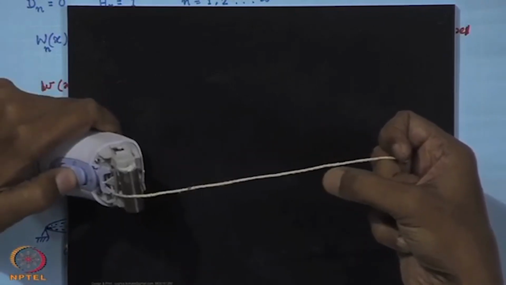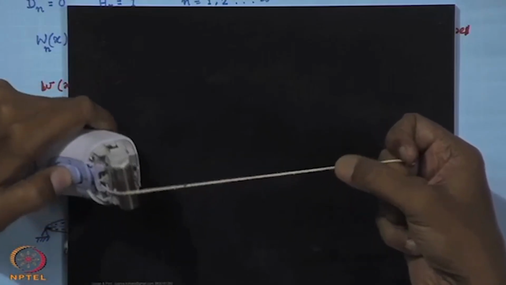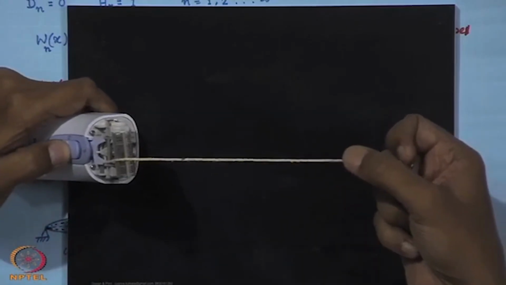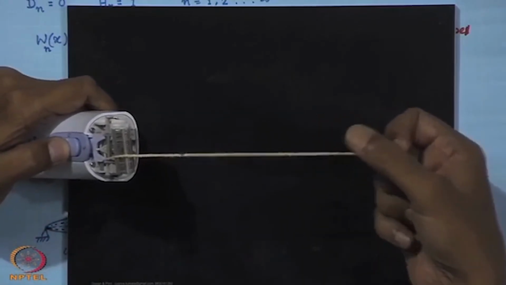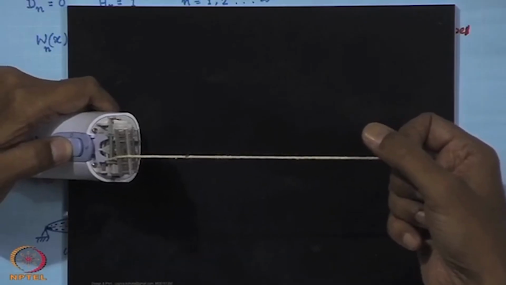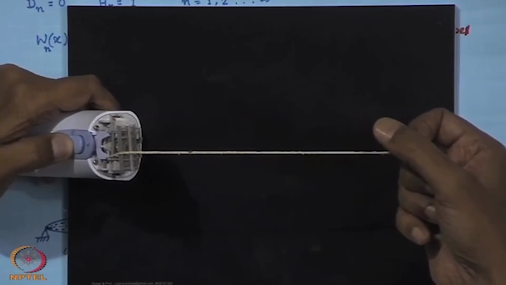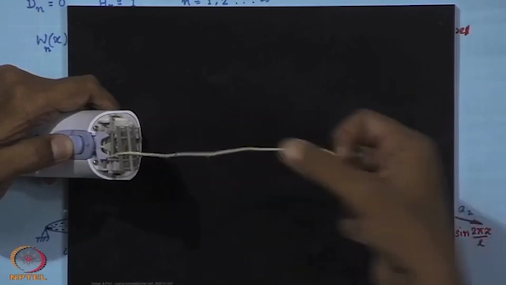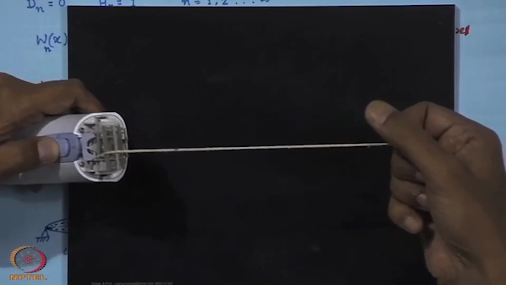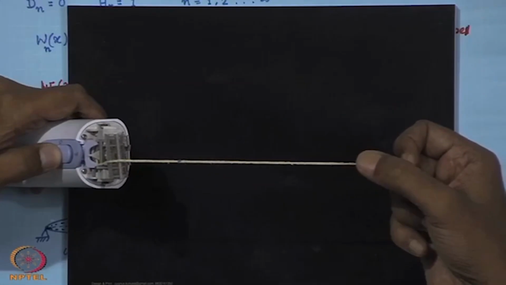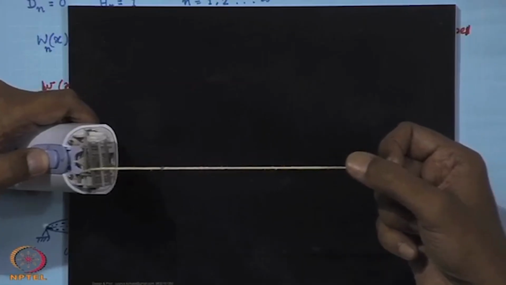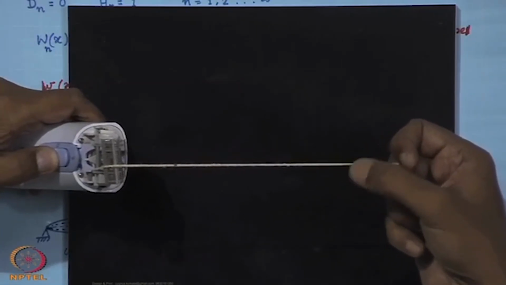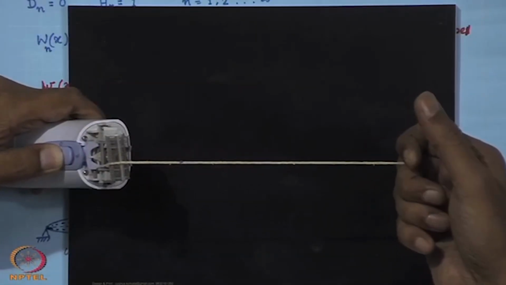This is expected since all real systems have internal damping, but in our model that we have considered till now we do not have damping. So, to cancel the effect of damping I must have an exciter which pumps the same amount of energy that is being dissipated due to the internal damping in the string. Now, let us see.